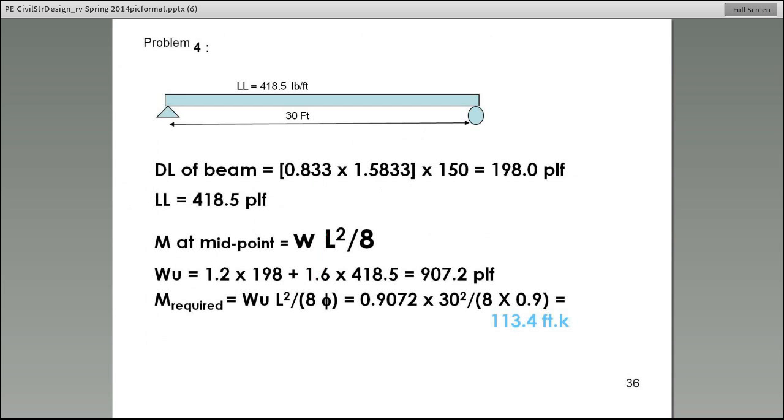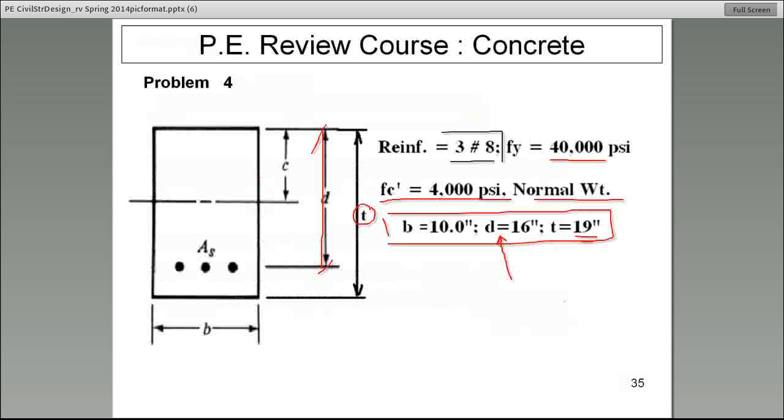All right, now let's calculate the dead load of the beam. Here, I've done something that may confuse you, but please pay attention and write this down. These numbers, 0.833 and 1.5833, are the dimensions of the cross-section in feet. B is 10 inches.